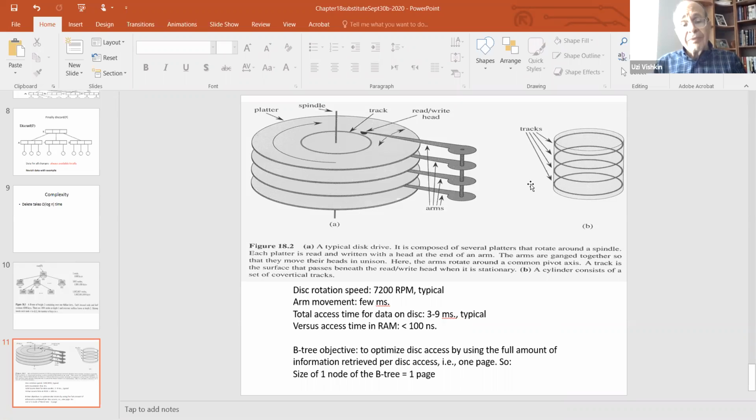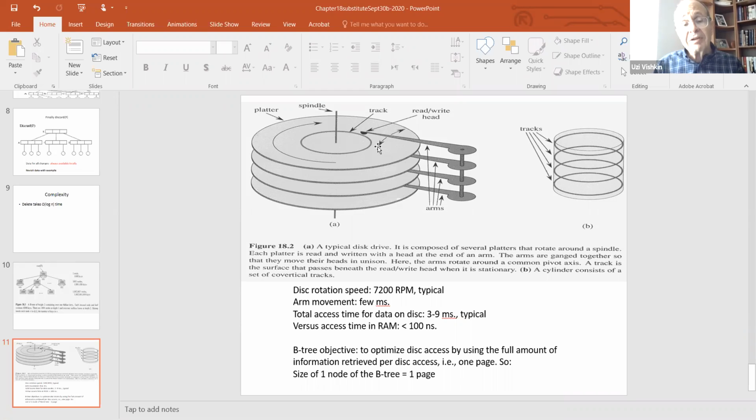And now, as you move it, you move all the arms at the same time, so you read the same track across from all the disks and from all the platters. So it is all considered a disk.